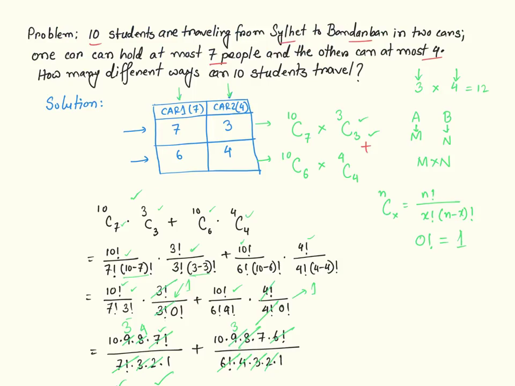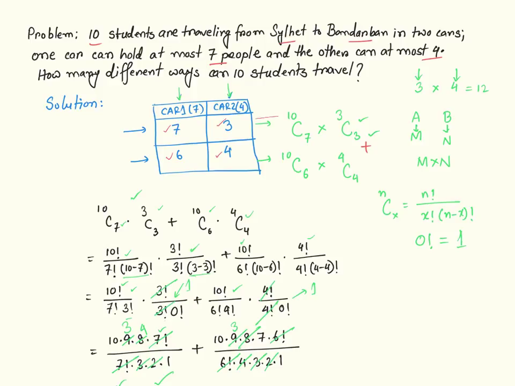Now let me summarize what I did here. Basically, 10 students are traveling from one city to another. They have 2 vehicles or 2 cars, let's say. One can hold up to 7, the other can hold up to 4. How many different ways can they travel? So these are the 2 different ways: first car 7, second car 3, or first car 6, second car 4. Now how many ways can this happen?